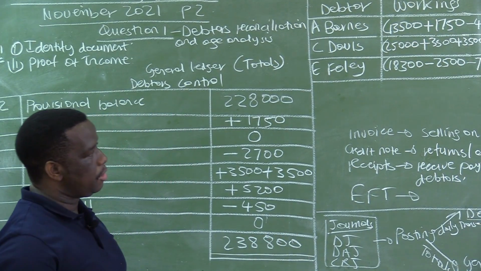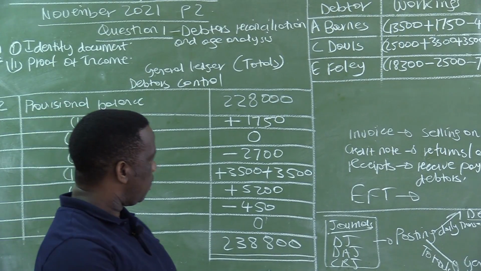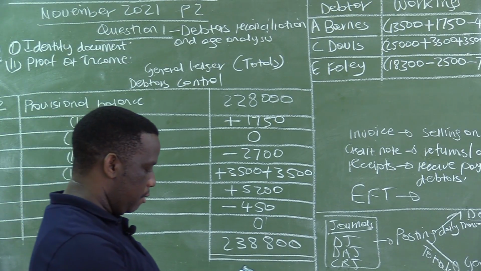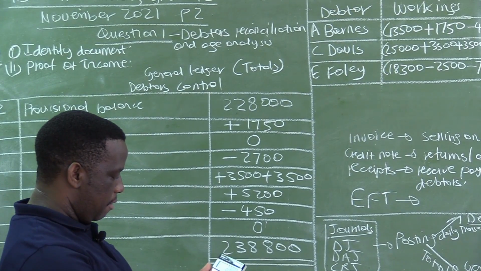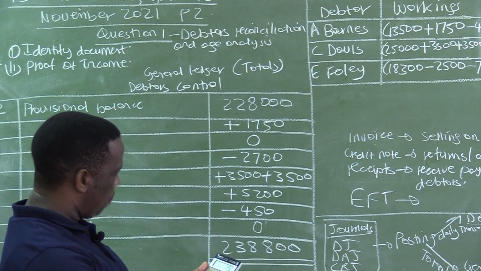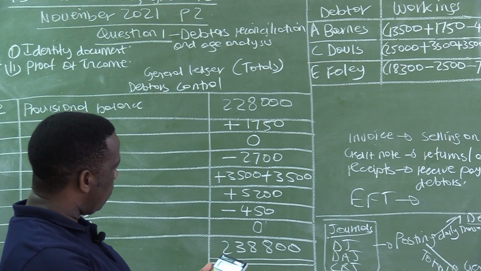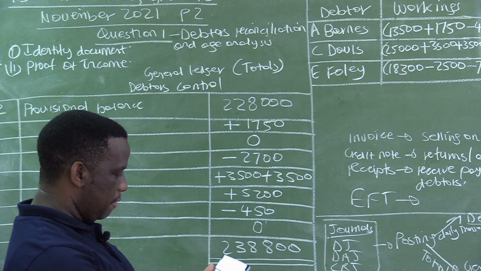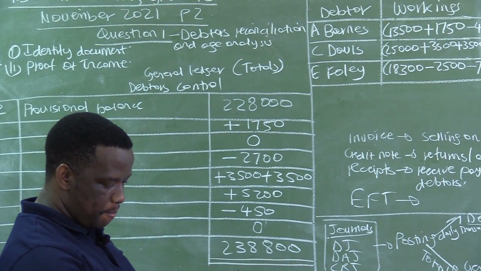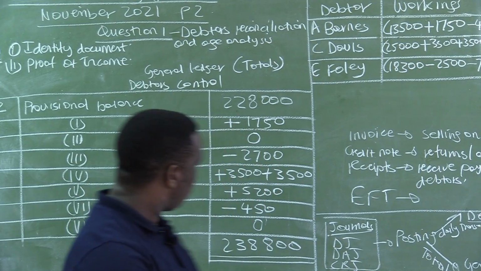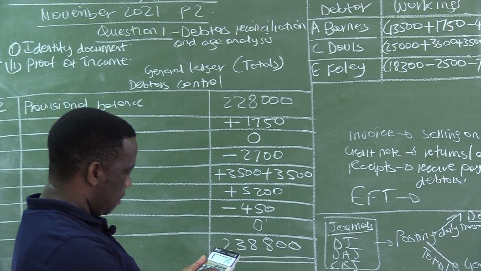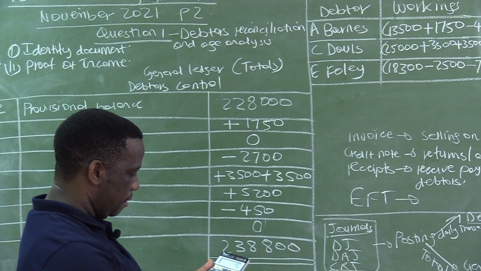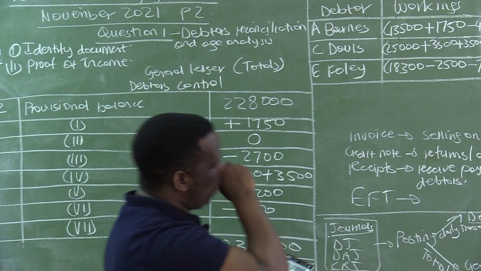238,800. Please make sure that your calculations are correct. Very important to calculate correctly. Let me just verify again. Plus 1,750 minus 2,700 plus 7,000, plus 5,200 minus 450. Yeah, that's correct.